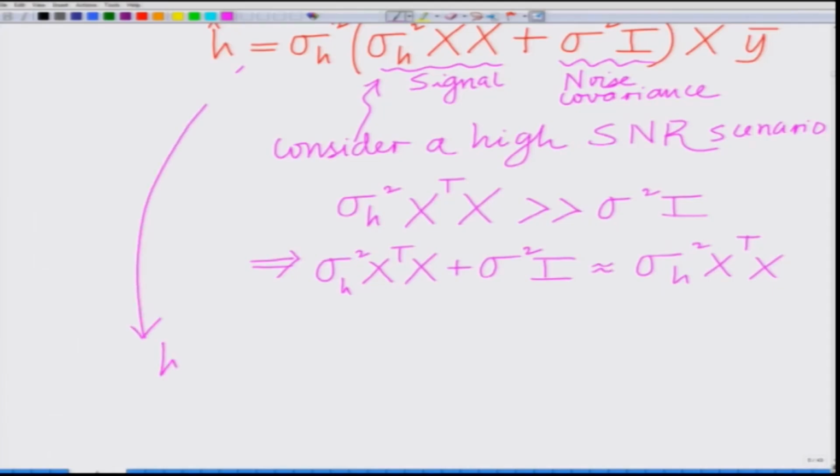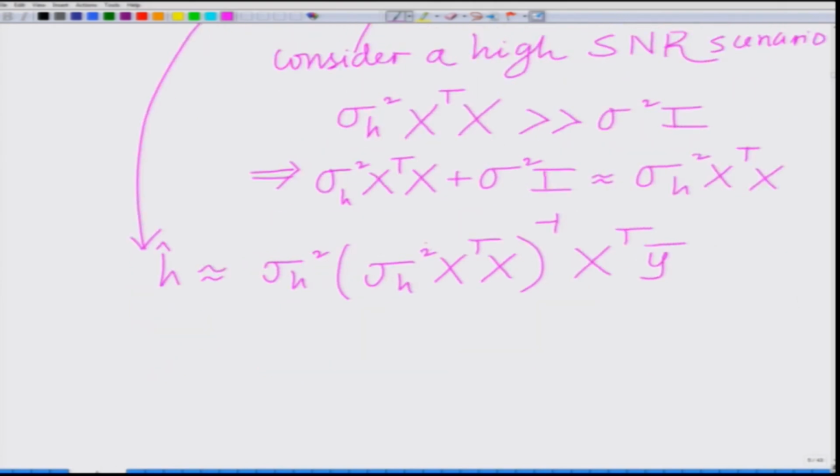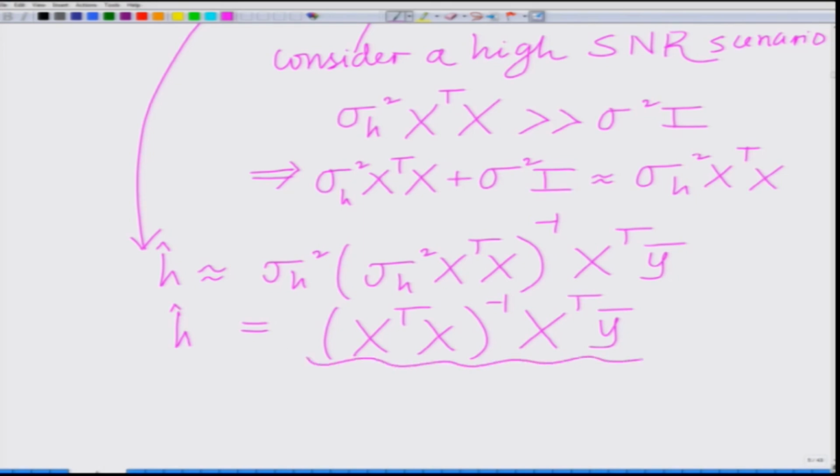And now you can see something very interesting, therefore h hat is approximately equal to sigma h square x transpose x inverse times x transpose y bar, which is equal to, now if I bring the sigma h square outside, this is a scalar quantity, simply x transpose x inverse x transpose y bar, and this is simply, you can recall, the maximum likelihood estimator.